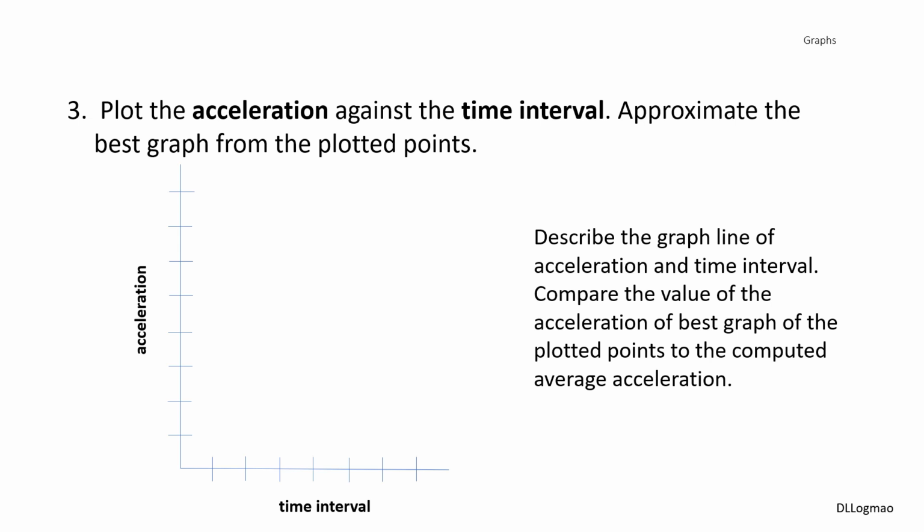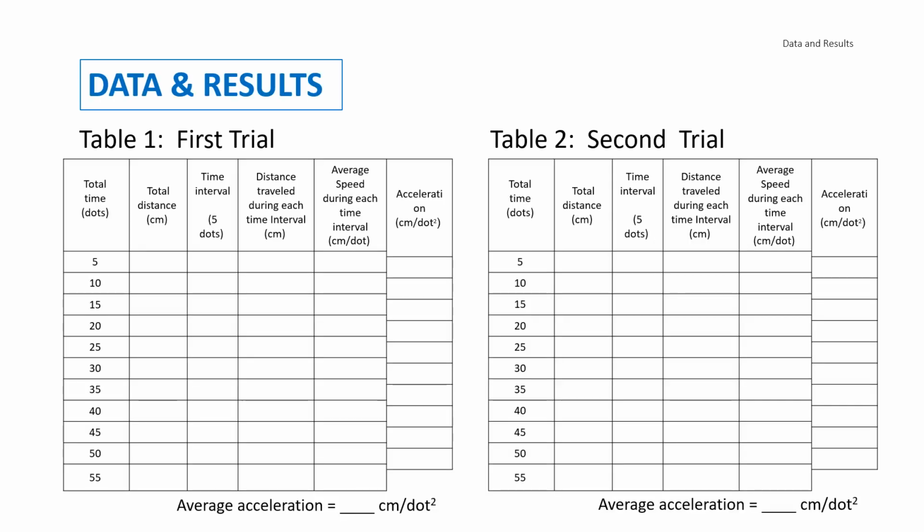Compare the value of the acceleration of the best graph of the plotted points to the computed average acceleration. From the data measured and computed, these tables will be used for trial 1 and trial 2. Compute the average acceleration for each trial afterwards.